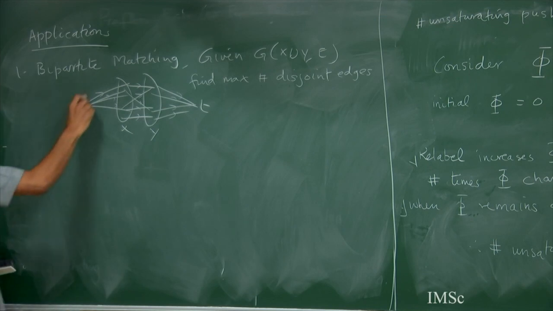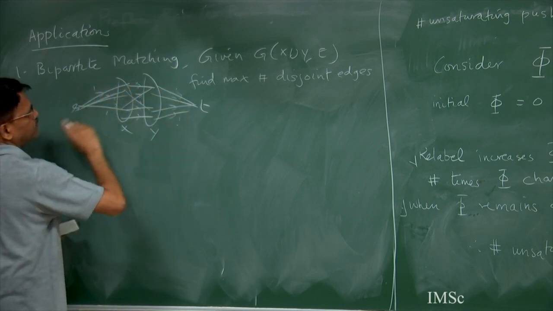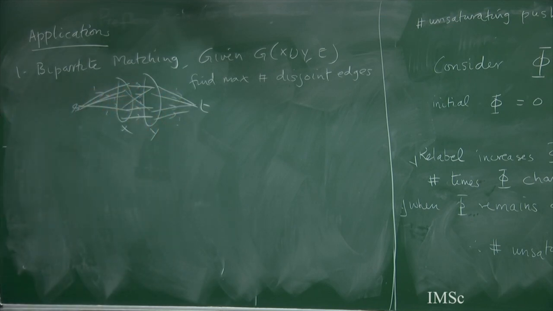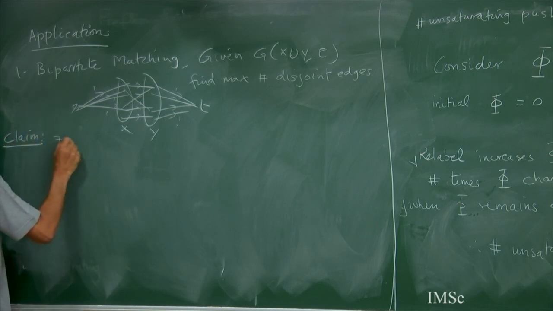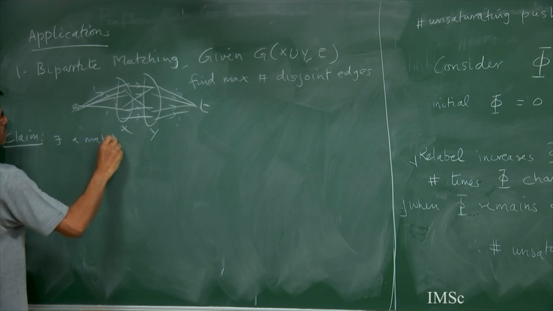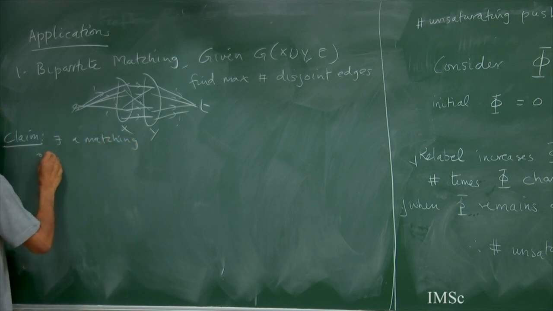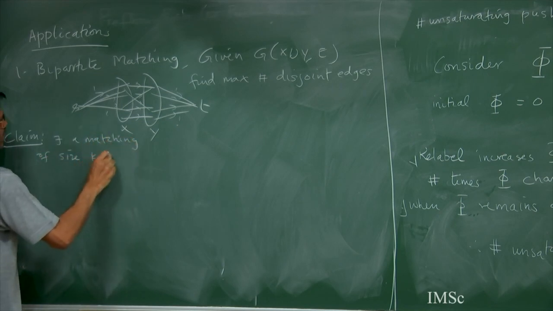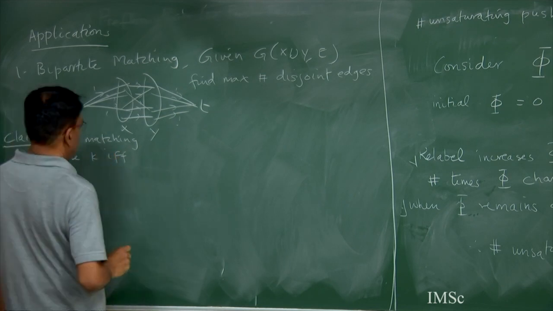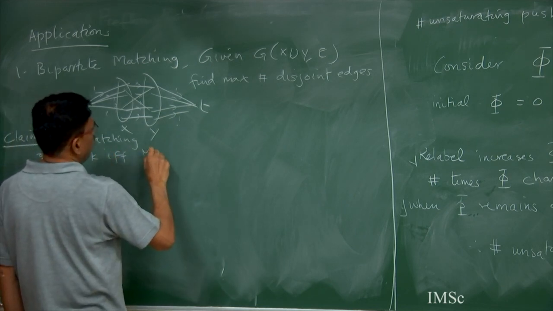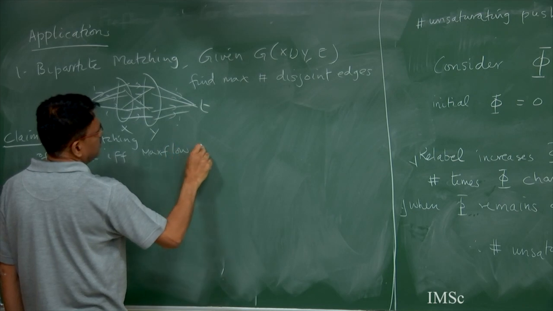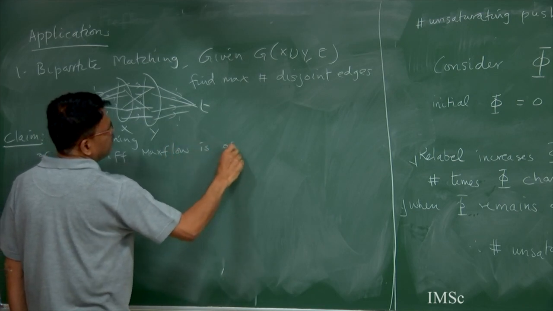So you put a capacity of 1, and now you run a max flow, and the claim is that there exists a matching of size k if and only if the max flow in this network is of value k.